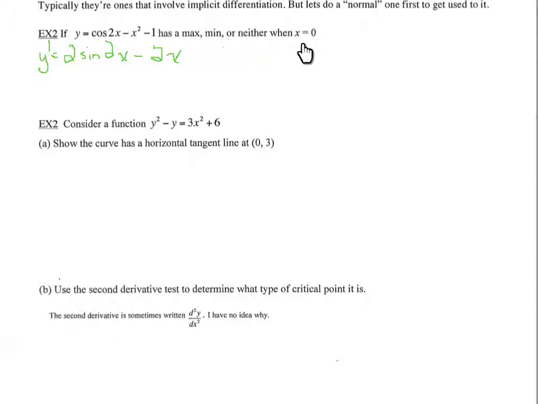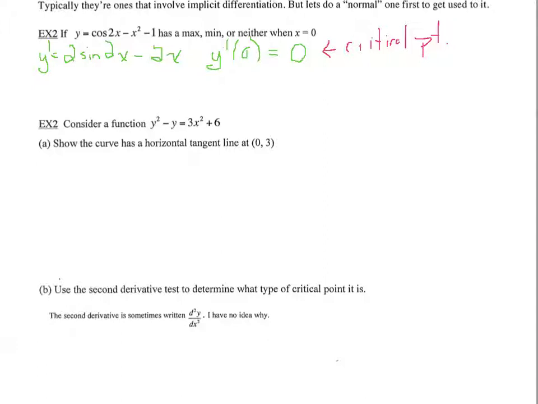So we're going to look for the value of the first derivative at 0. We'll plug 0 in here, and what we get is 0. This tells us that we have a critical point. I'm having a hard time writing with this stylus, which makes it harder to spell.